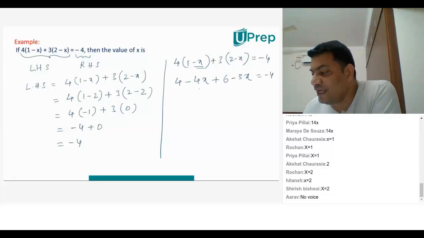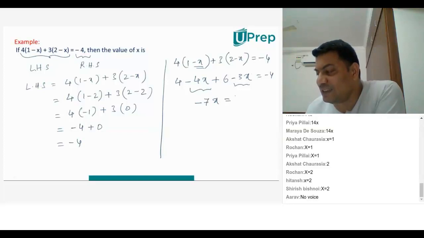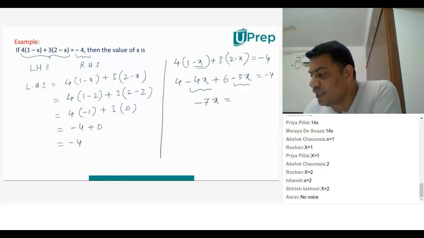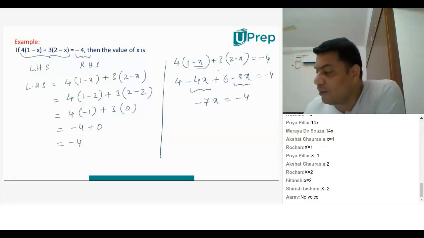We get the x's on the same side. We have minus 4x minus 3x, which is minus 7x. Minus 7x is equal to, you can take all the numbers to the right-hand side. You have minus 4 there. Here you have 4 plus 6, which is 10. If 10 goes to the right-hand side, it will become minus 10.